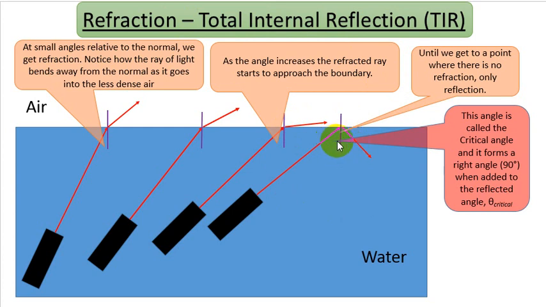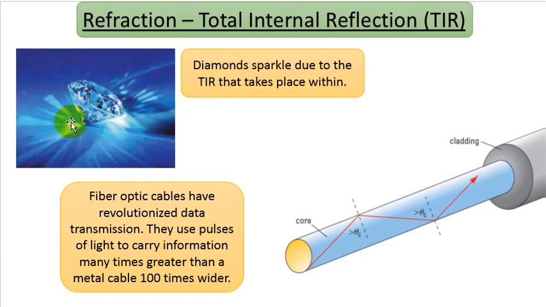And this angle, guys, after which light is not refracted but reflected back, we call a critical angle. When you add it to the reflected angle, here it gives you 90 degrees. So, total internal reflection examples. For example, here a diamond.